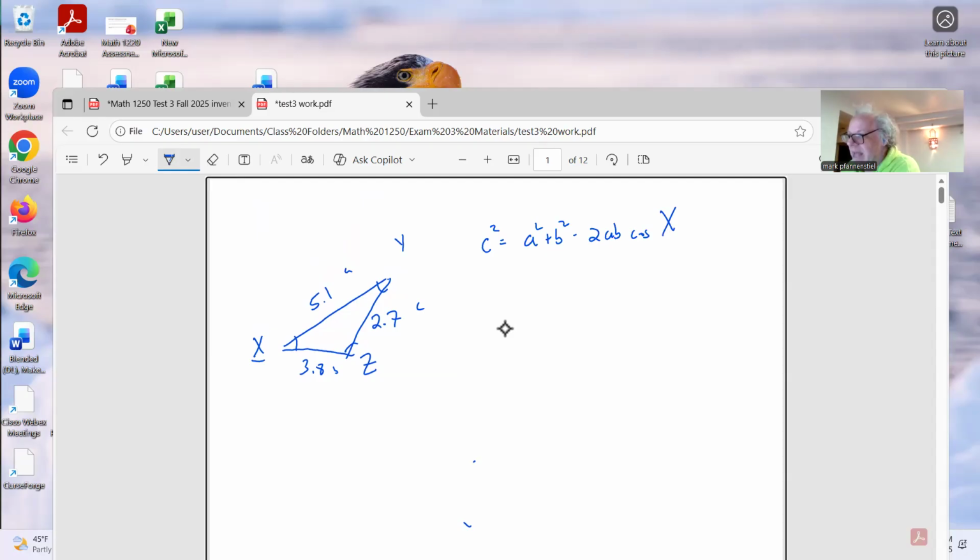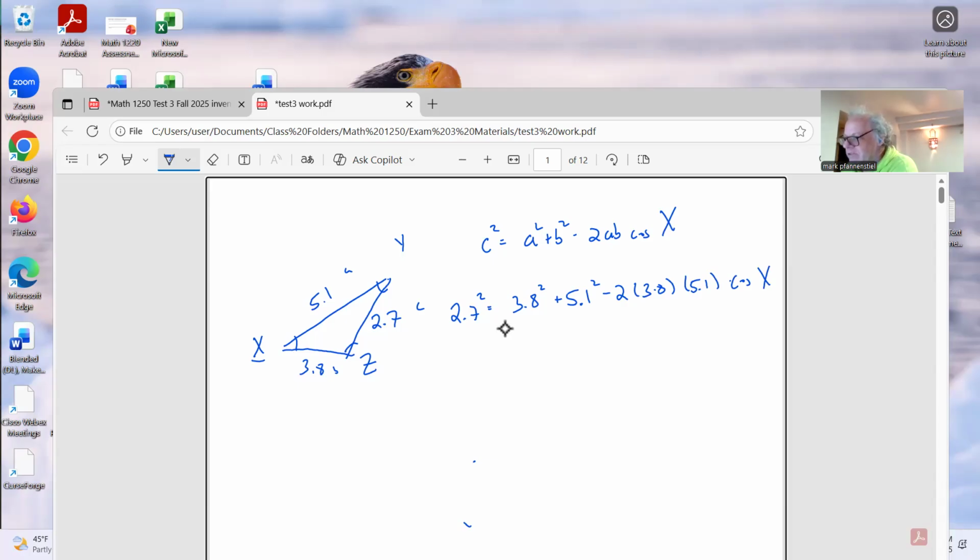So we have 2.7 squared equals 3.8 squared plus 5.1 squared minus 2 times 3.8 times 5.1, times the cosine of the angle between them, cosine of x.